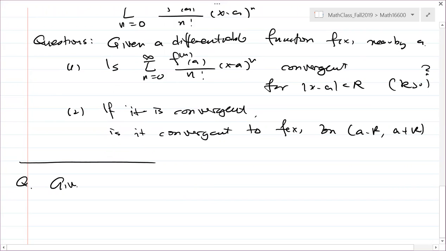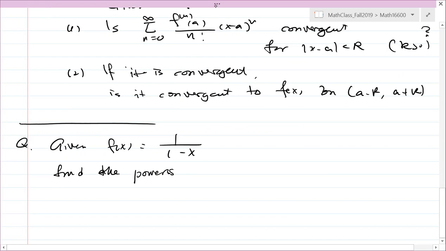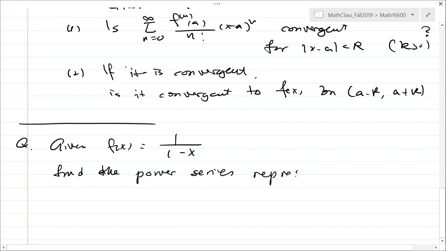I'm given the function f of x, which is 1 over 1 minus x. Find the power series representation for this function nearby x equals 0.